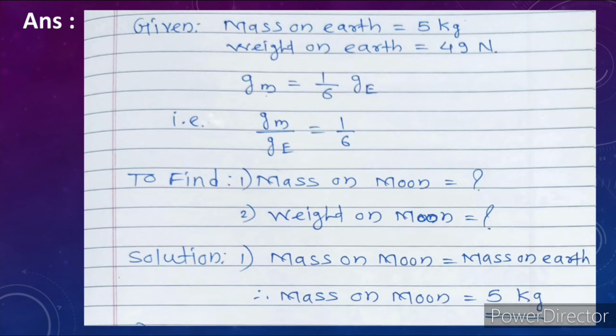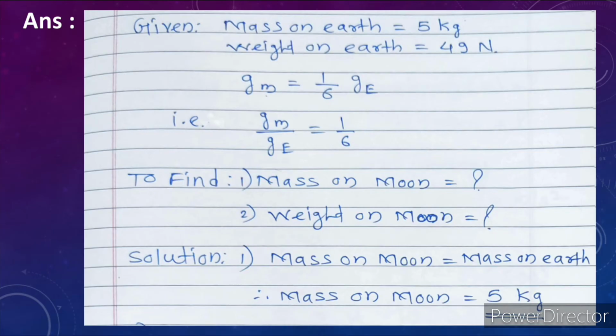Given mass on Earth equal to 5 kg, weight on Earth is equal to 49 Newton, Gm is equal to 1 by 6th of Ge, that is Gm upon Ge is equal to 1 by 6. To find, number 1, mass on moon. Second, weight on moon.